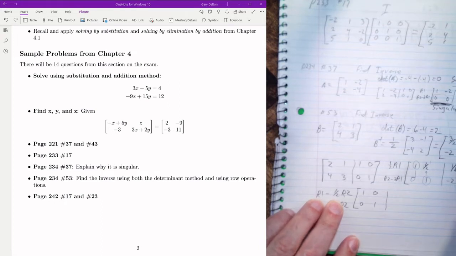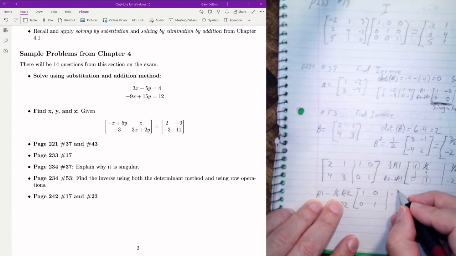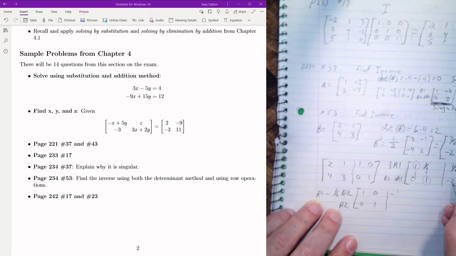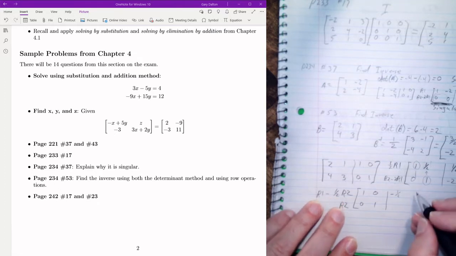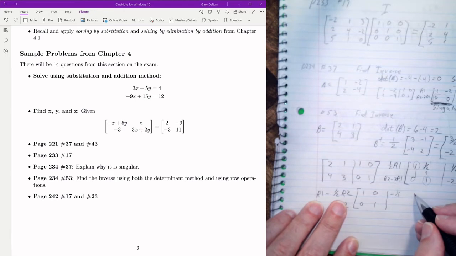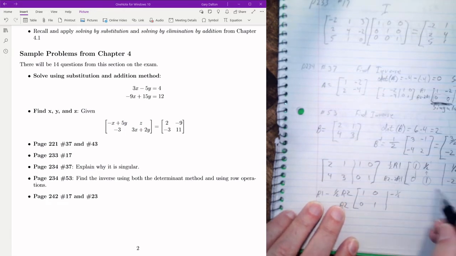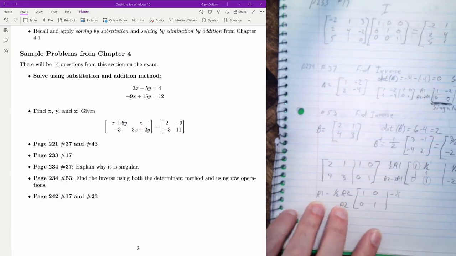So 1/2 minus 1 is minus 1/2. And then, I'm sorry, it's plus, isn't it?